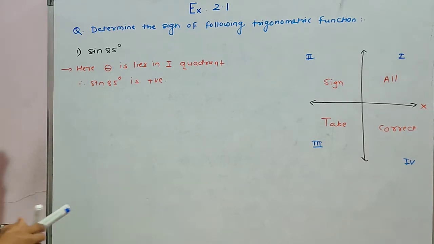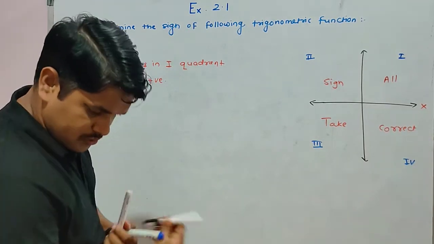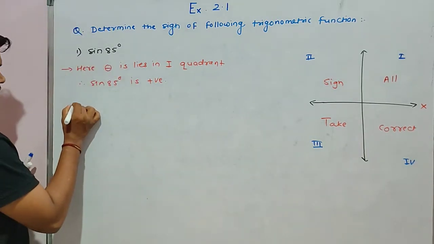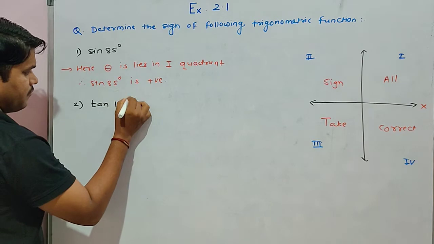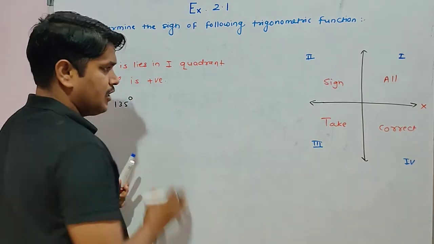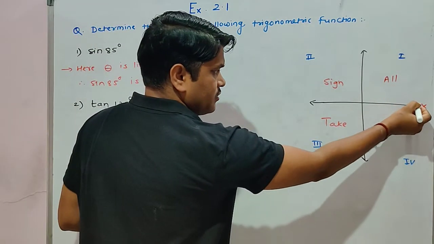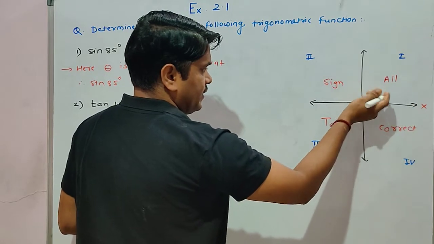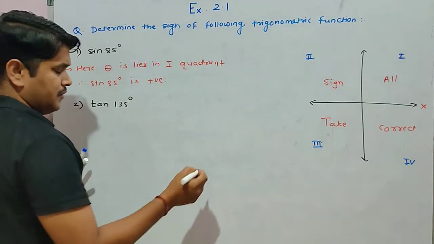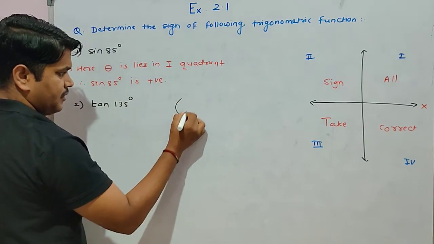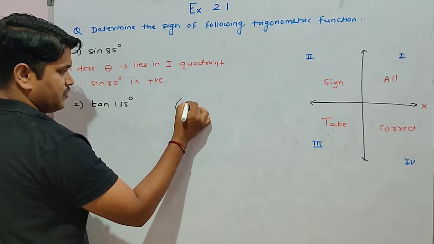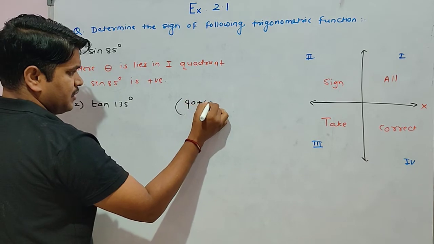Understood? Second one: tan 135 degree. We can write 135 as 90 plus 45.